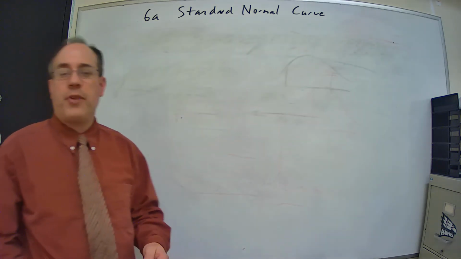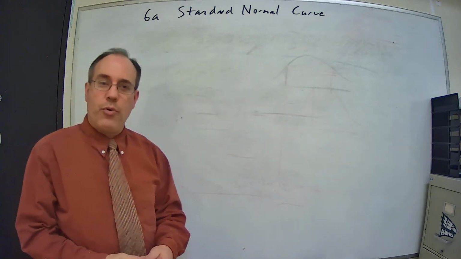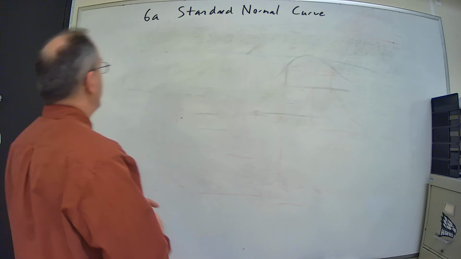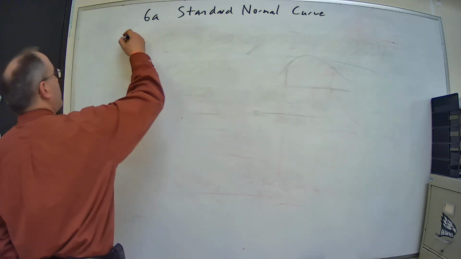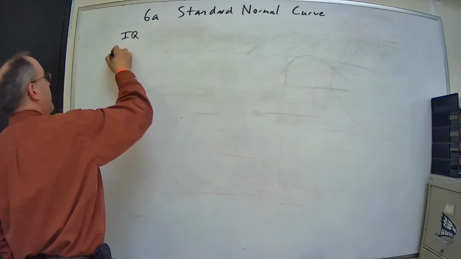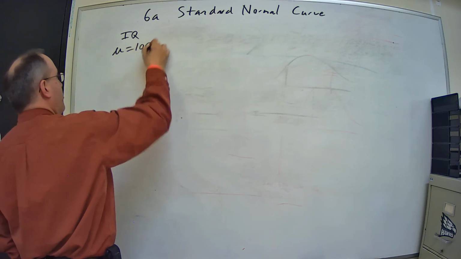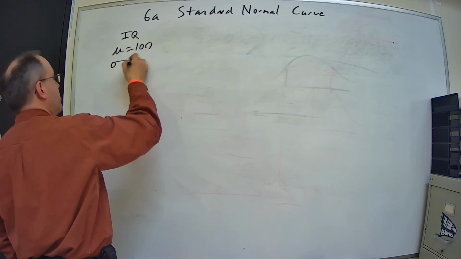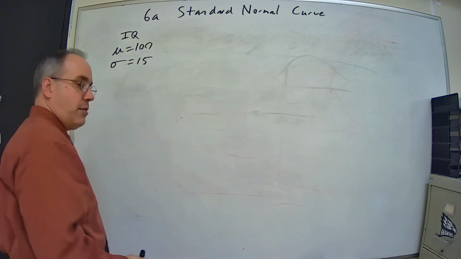For the fun of it, I'm going to look at IQs. We've dealt with it before. We know that the population of IQs has a mean of 100 with a standard deviation of 15.